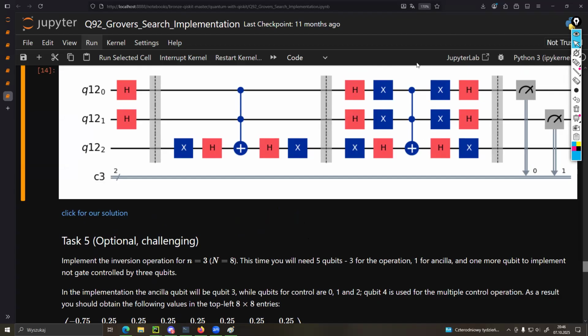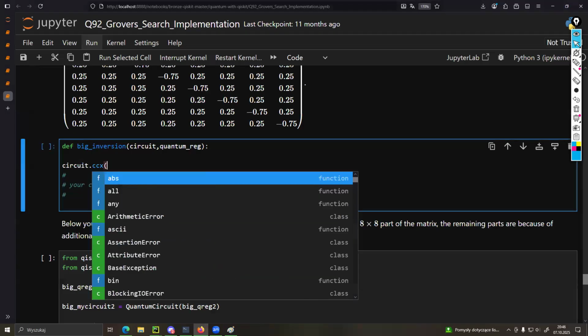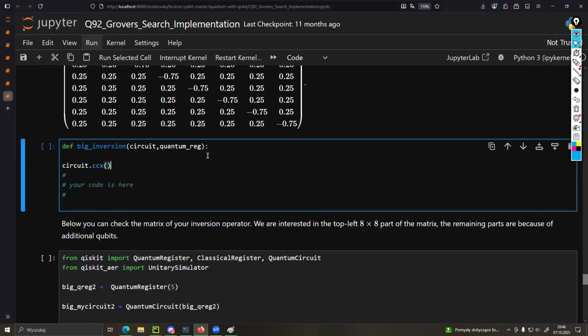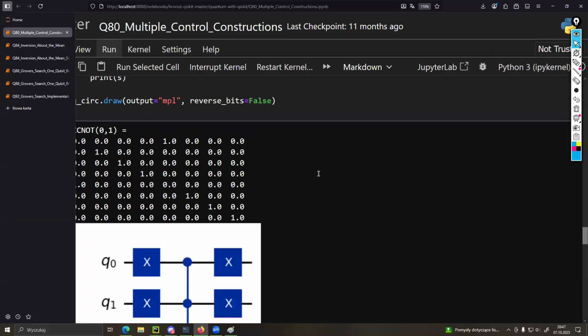It could also be very challenging to design a Grover operator yourself if you only use circuit primitives. So for example, if I only use circuit.ccx to make this big inversion, then yes, it is very hard. But I showed you yesterday the method of how to make a better control construction. So there it is.